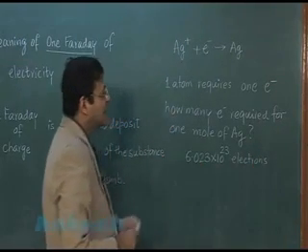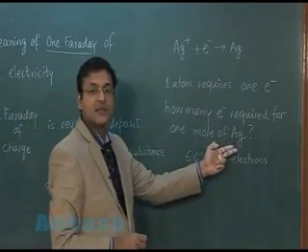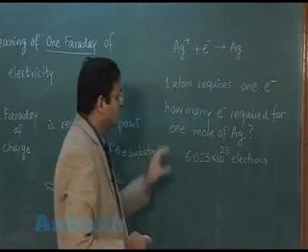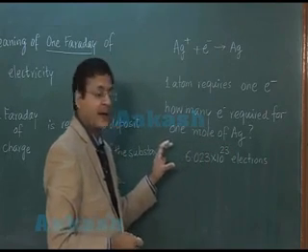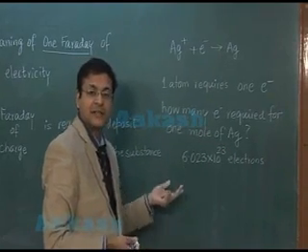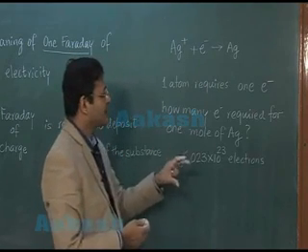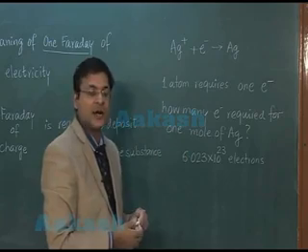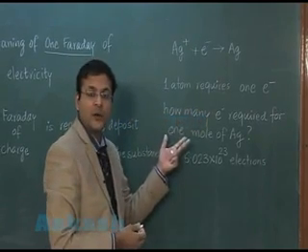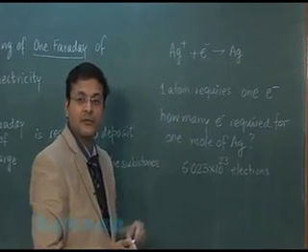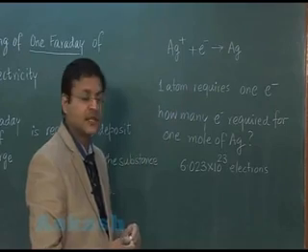Here, since the valency of silver is 1, these many atoms, whatever will be the weight, that is atomic weight as well as equivalent weight. So these many electrons are required to deposit 1 mole or 1 equivalent of silver, isn't it?